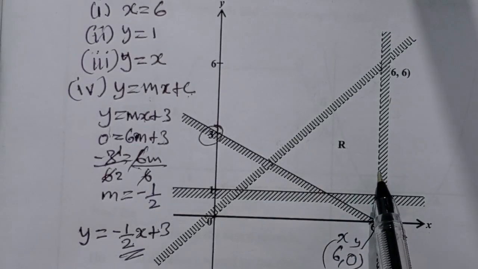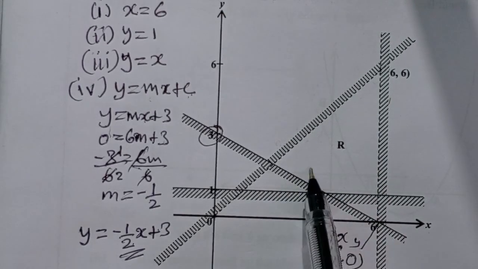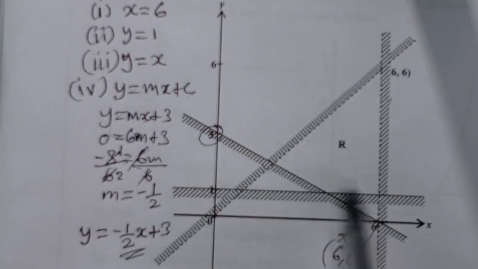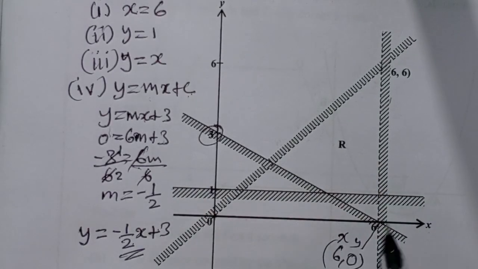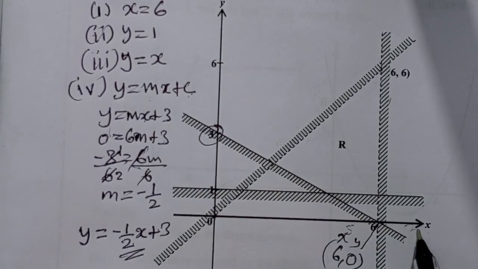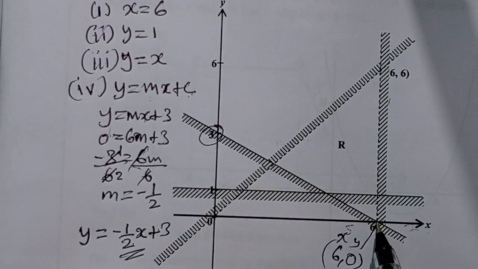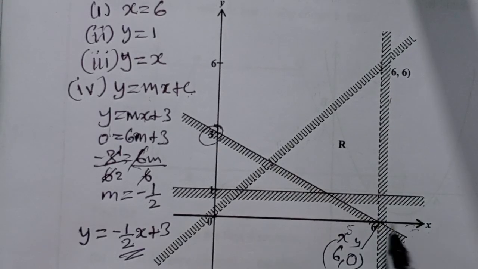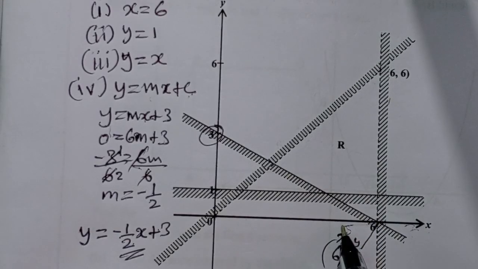The unshaded region for this line is less than, because here the numbers are decreasing, here the numbers are increasing. For example, if this is 6, then this is 5, then this is 7. So on this side, the numbers are increasing. For this line, the shaded part is greater, the unshaded part is less.